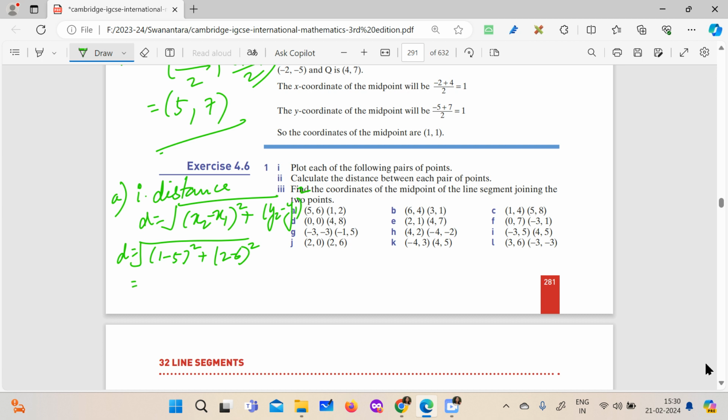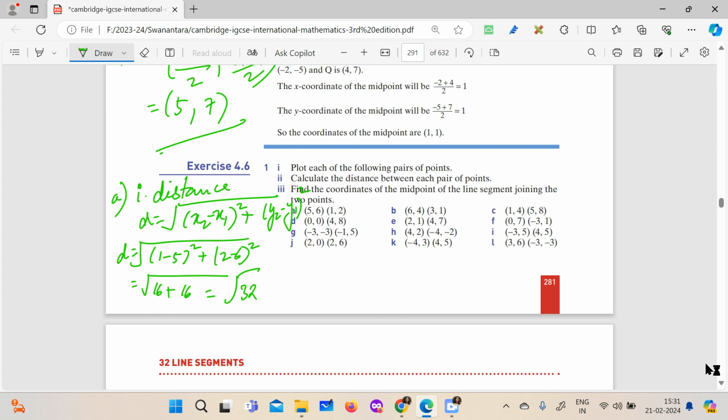So 1 minus 5 is minus 4, square is 16, plus 2 minus 6 gives minus 4, square is again 16. So that is root 32.